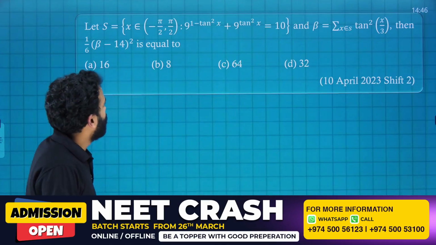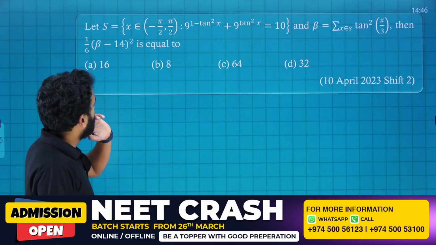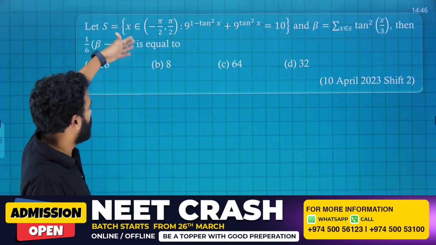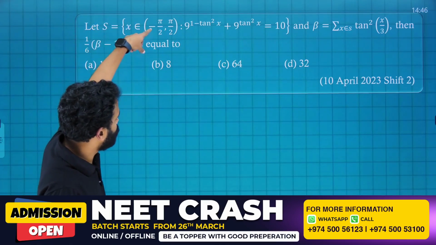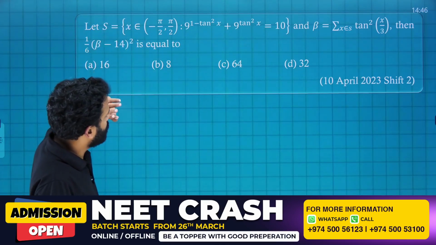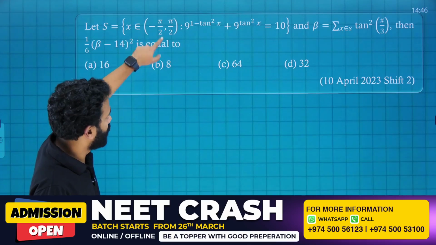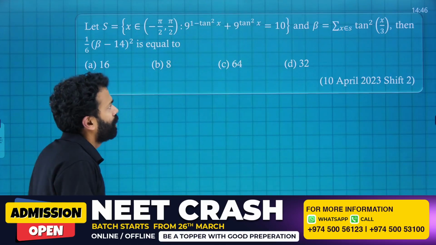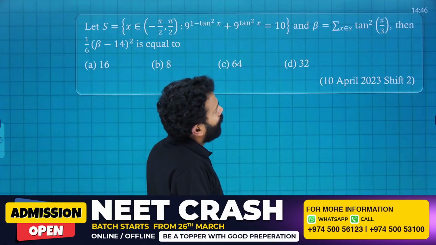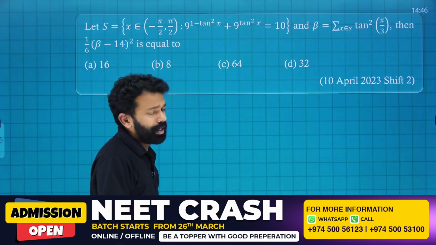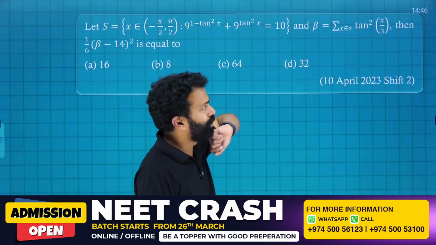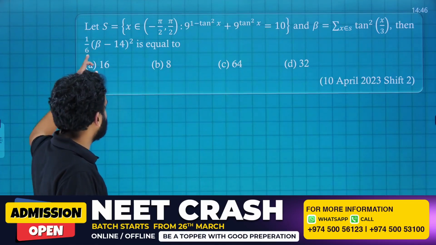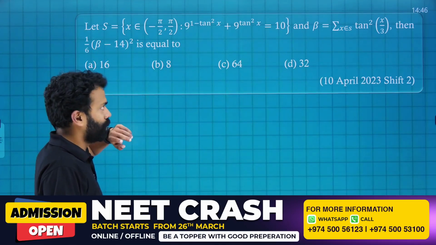So what you need to do here is, I'm going to explain the question first. A set S is given, such that x is an element of minus pi by 2 to pi by 2 plus 9 raised to 1 minus tan square x plus 9 raised to tan square x, which is equal to 10, and beta is equal to sigma x element of S, tan square x by 3, then 1 by 6 into beta minus alpha the whole square is equal to.